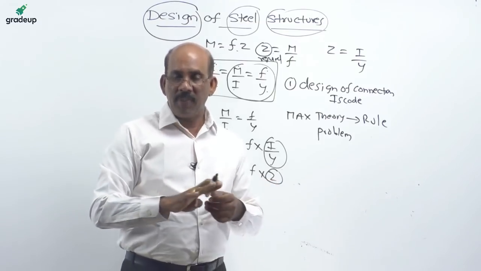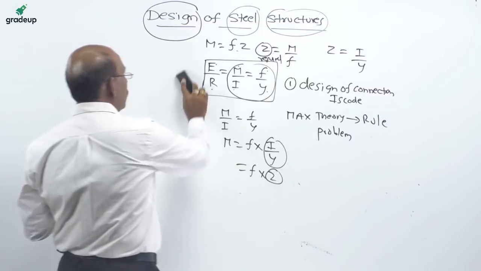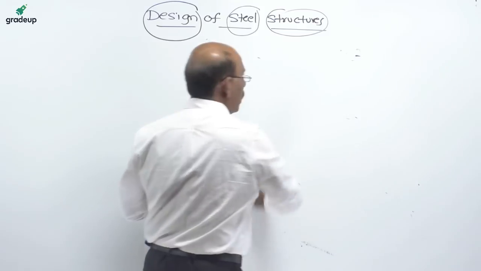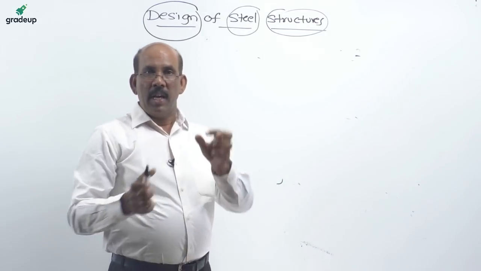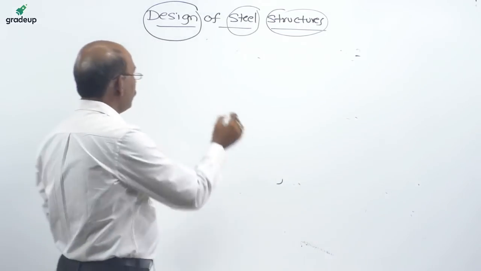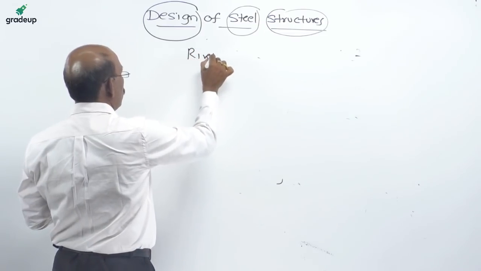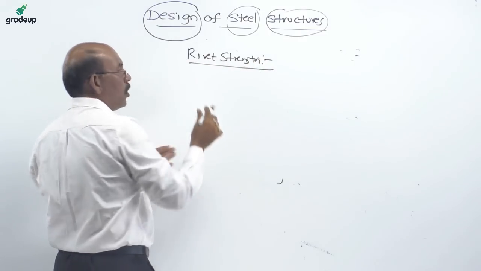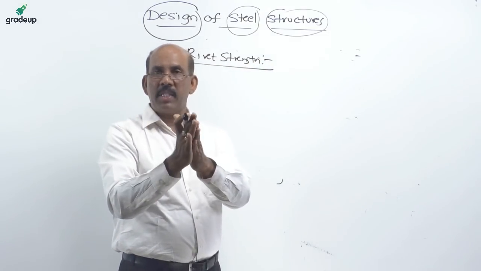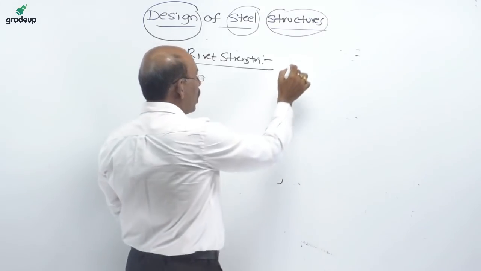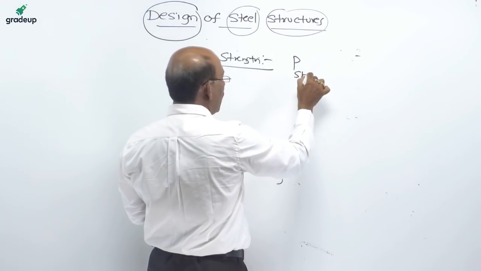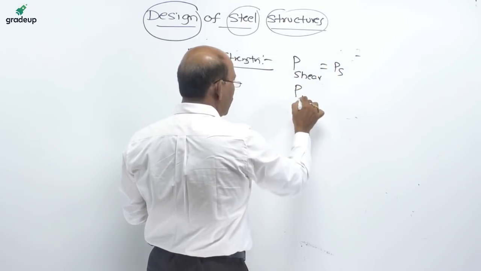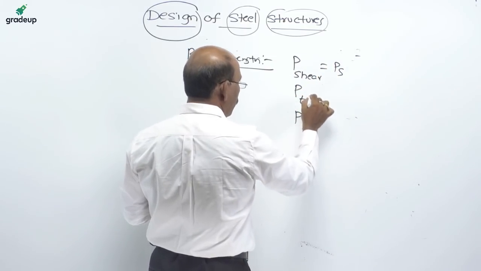So coming to the next question, rivet strength. The strength of the rivet is nothing but the load carrying capacity indirectly. Normally the rivet strength can be calculated based on strength of rivet in shear, PS, strength of rivet in tearing, and strength of rivet in bearing.